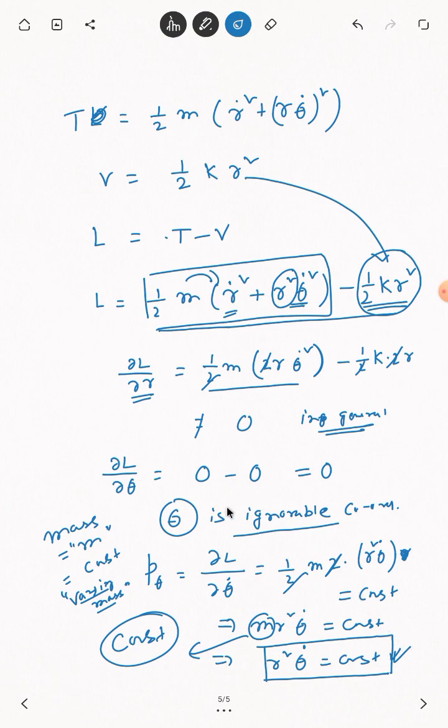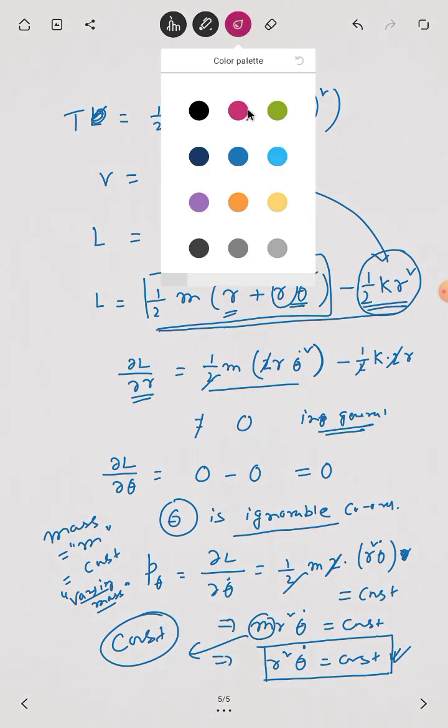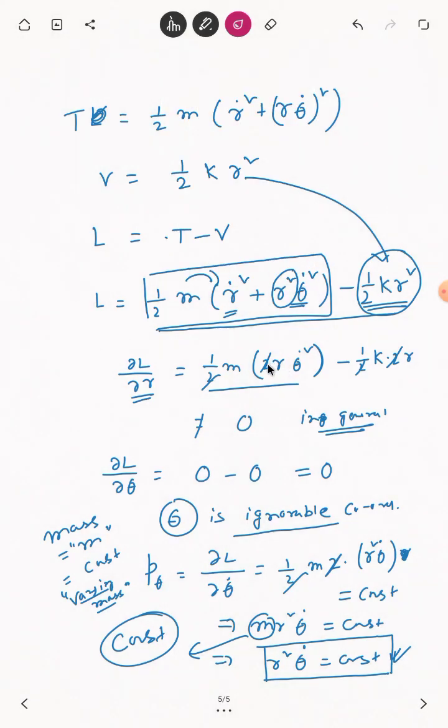Now, to see whether some coordinate is ignorable, we often use an important shortcut clue. Before ending, I am telling you that secret.